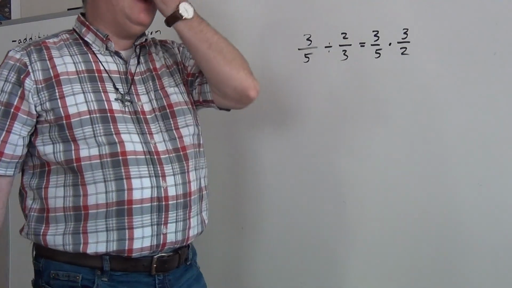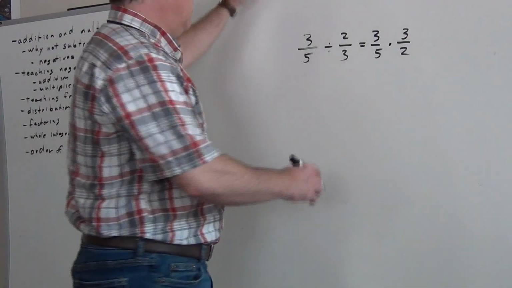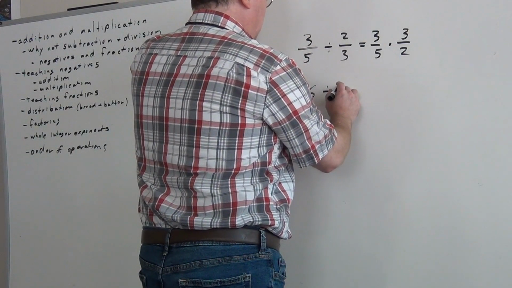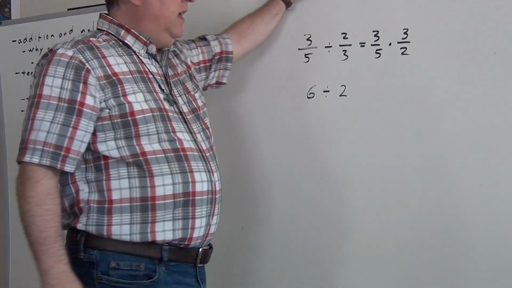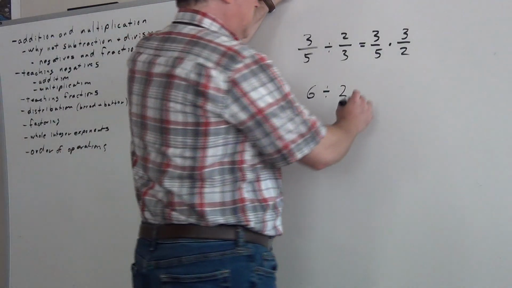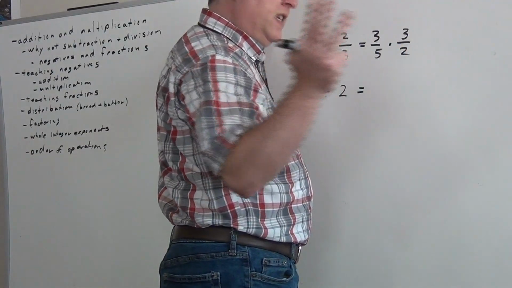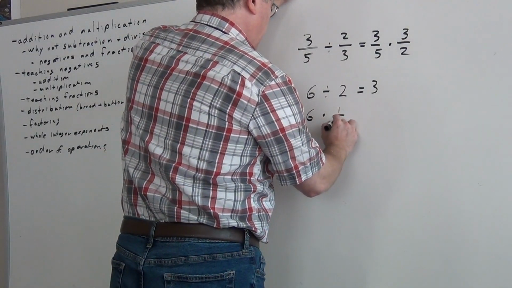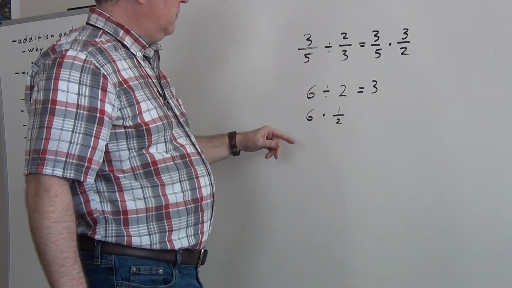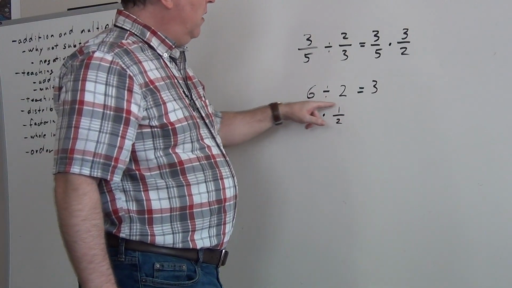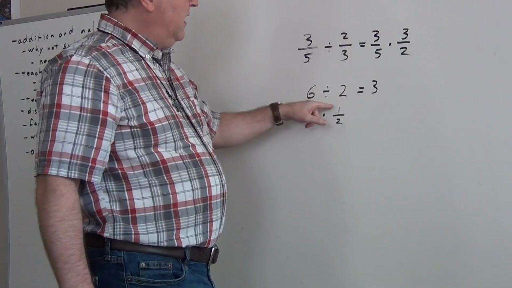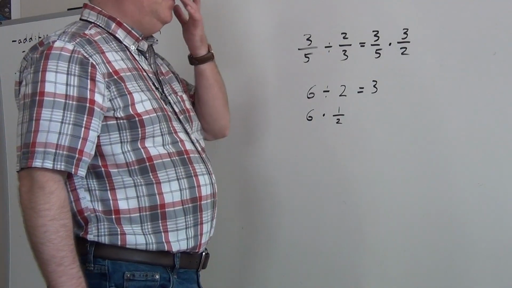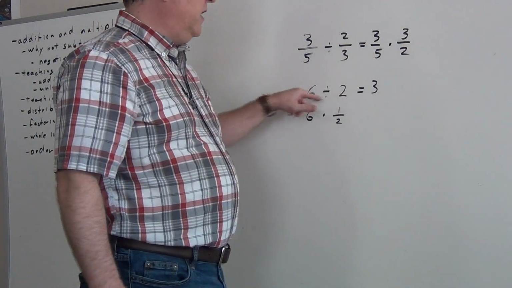To try to connect those two, I think I could do an analogy with whole numbers. So like 6 divided by 2 is how many 2's are in 6. Well, that's obviously 2, 4, 6, 3. But that's the same as saying two of whatever our answer is gets you one of these 6's, which is saying 6 can be divided up into 2 groups of how many, which is another way of interpreting this.